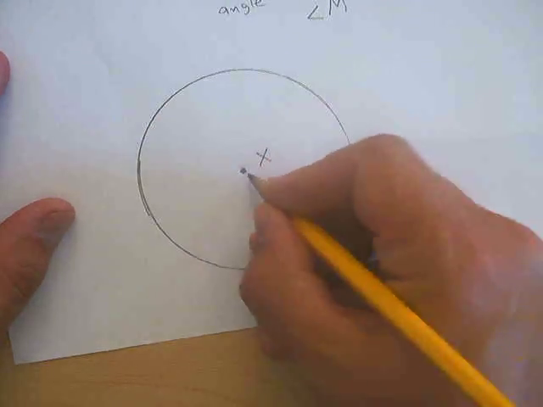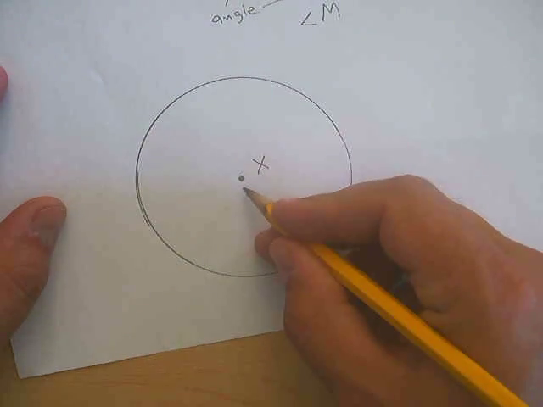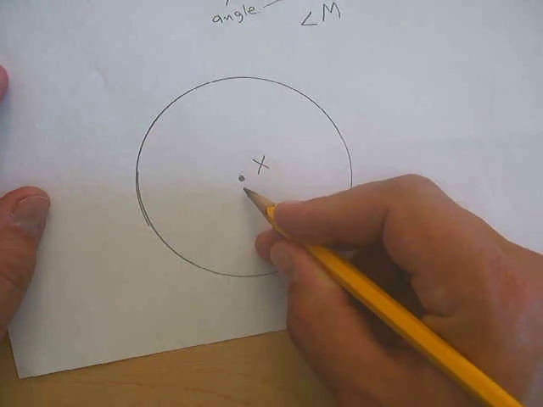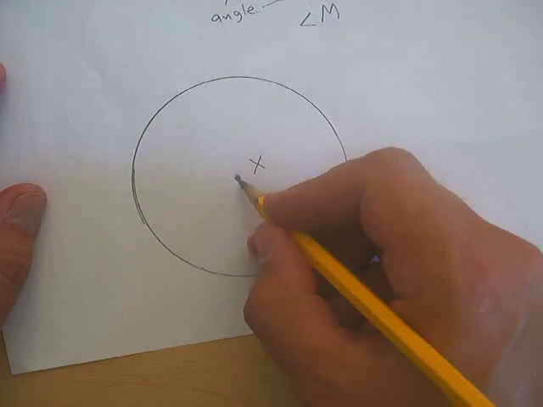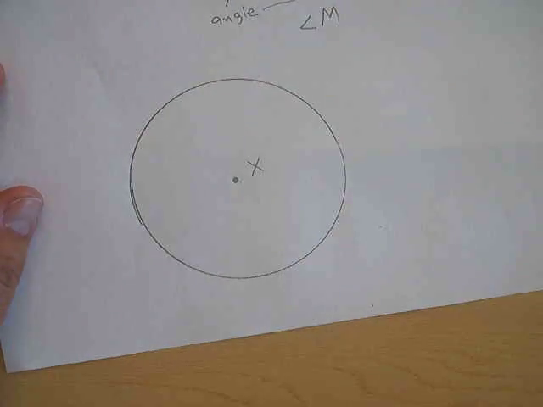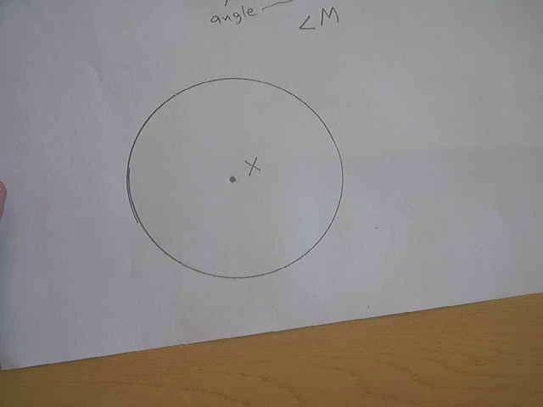You'll get to use this later. Let's say this is circle X, with center X. All the points on circle X are the same distance from the center of X.